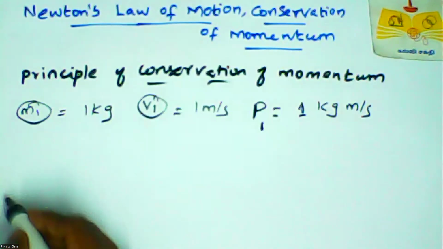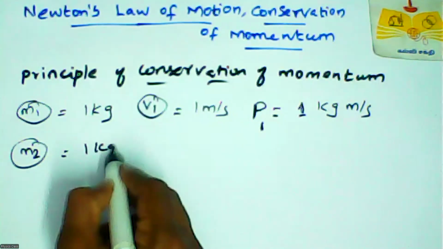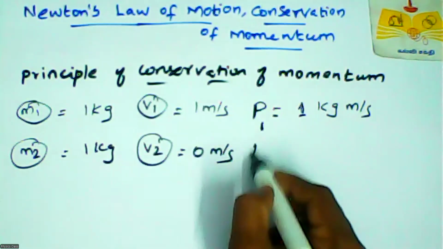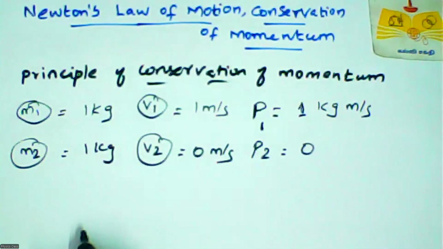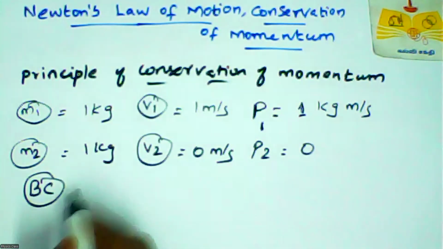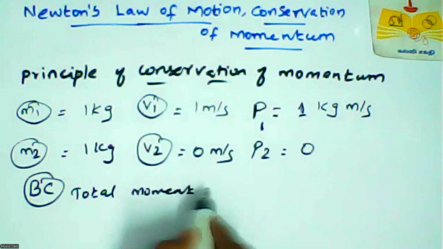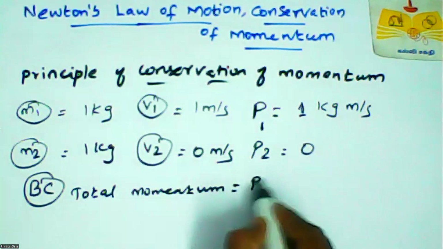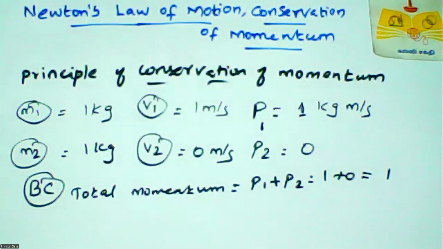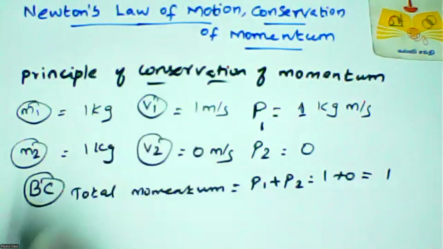For ball 2, m2 is 1 kg, but v2 is 0 because it is at rest, so momentum 0. Before collision, total momentum P1 plus P2, 1 plus 0, we get 1. So this is the total momentum before the collision.